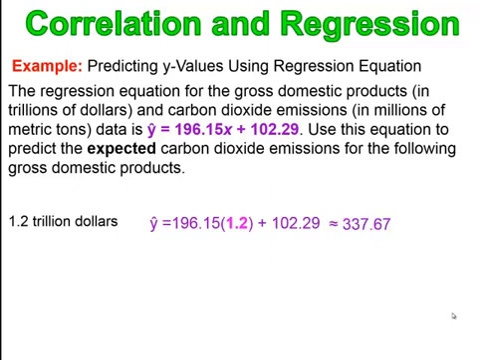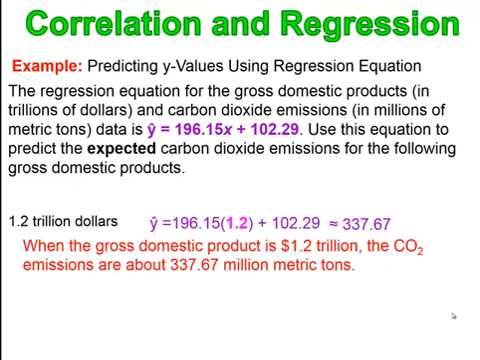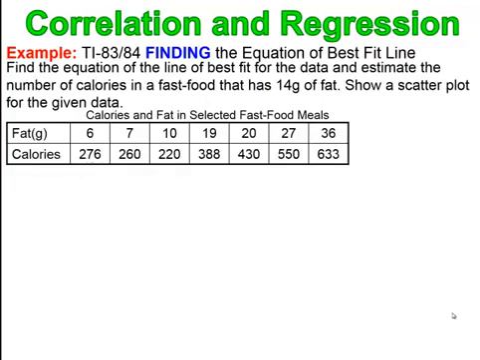So we're going to evaluate, and we're going to find that it's approximately 337.67. And what that means is when the gross domestic product is 1.2 trillion, the CO2 emissions are going to be about 337.67 million metric tons.